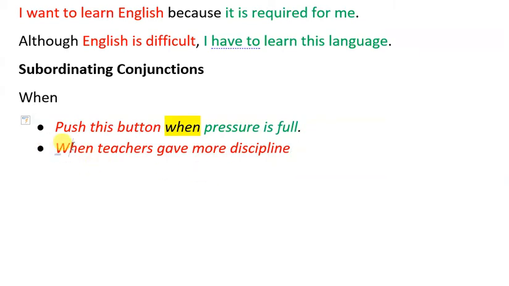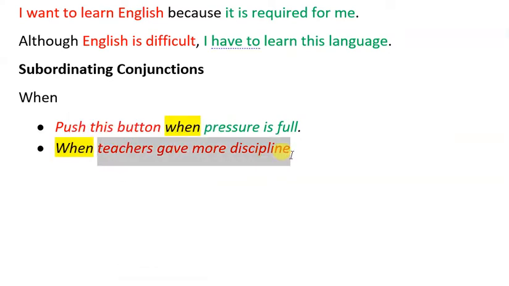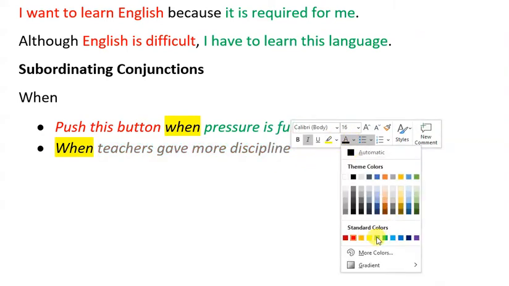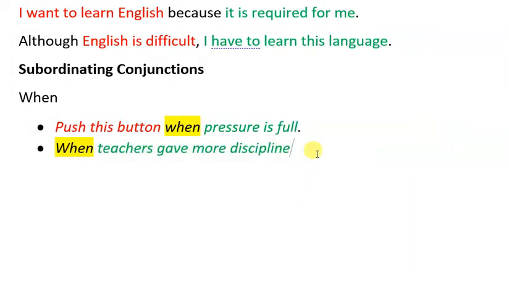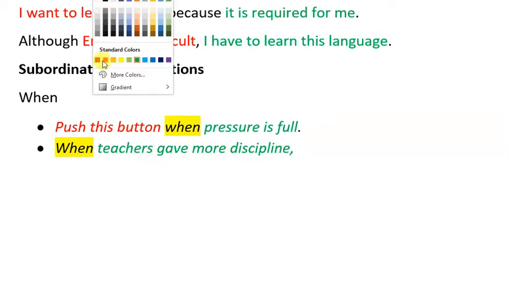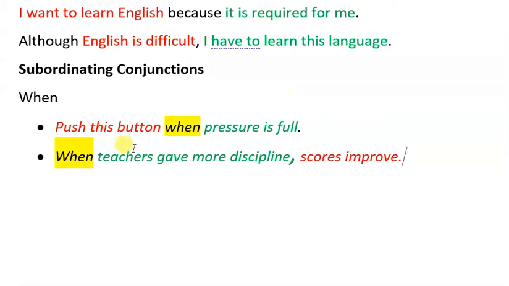In this, when is the conjunction and teachers gave more discipline is the dependent clause, comma. Now I am going to write the independent clause: scores improve.